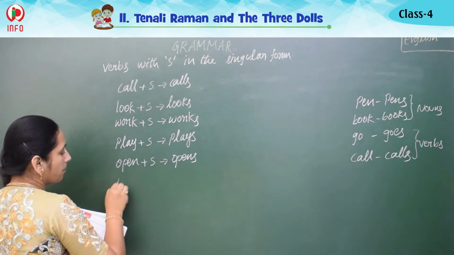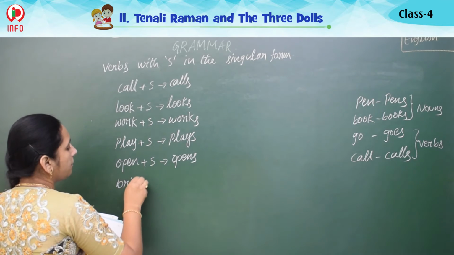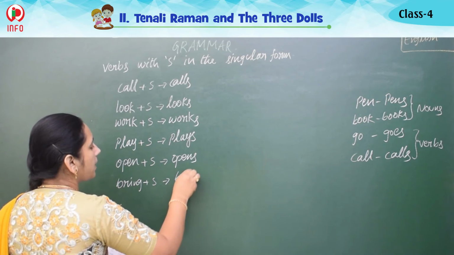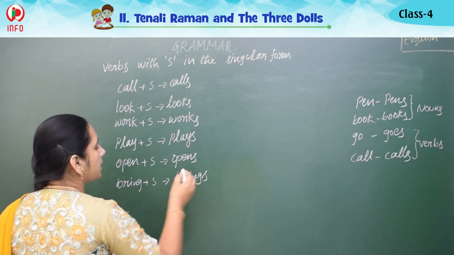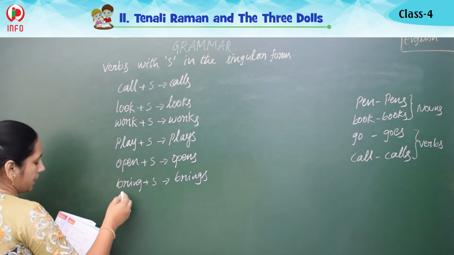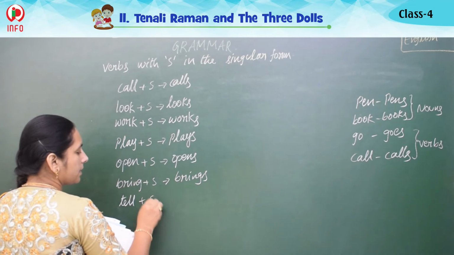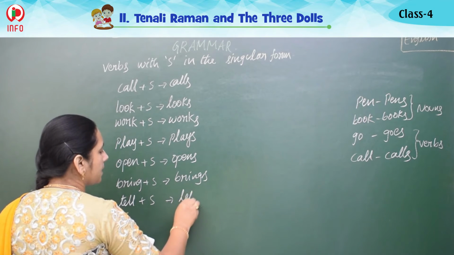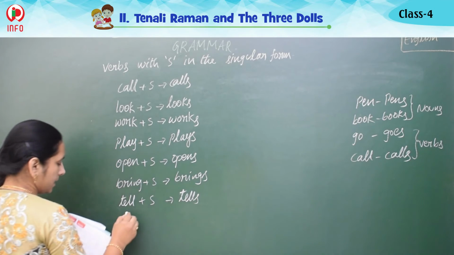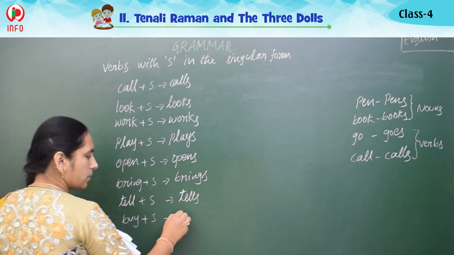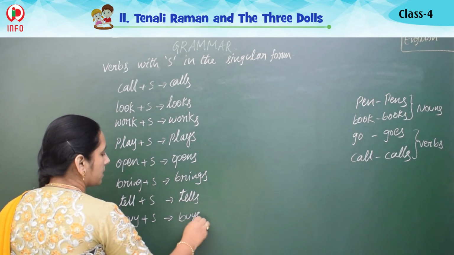Like this, bring. For this we add S only, then we get brings for the singular subject. For the singular subject we get V1 S/ES like this. Suppose tell, for this also S only is added, and it becomes tells. Buy, buys.